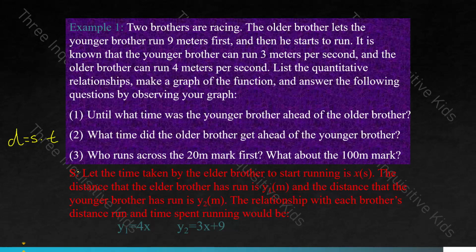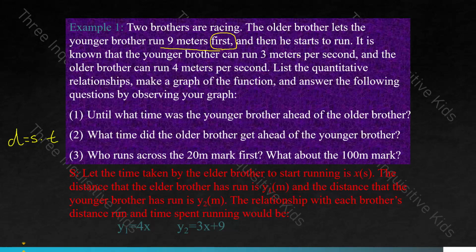So just to explain a bit more, y1 is equal to 4x. So that represents the distance that the elder brother has run because x only represents the time when both brothers are racing. Remember how it says the older brother gives the younger brother a head start? So this is a head start that the older brother is giving his younger brother.